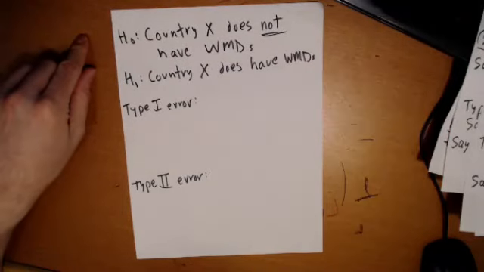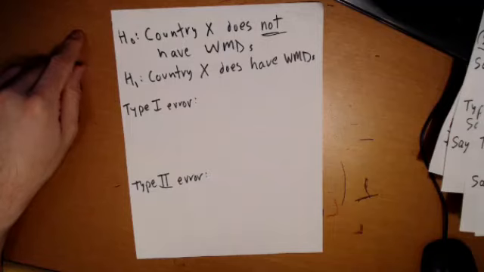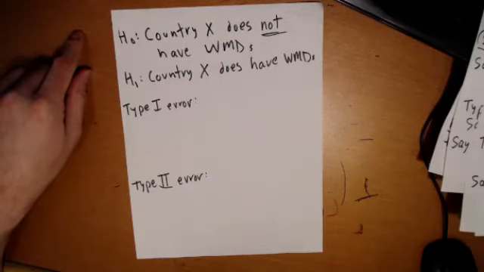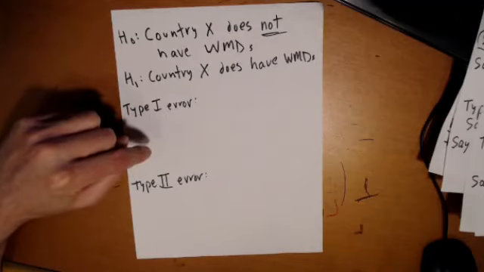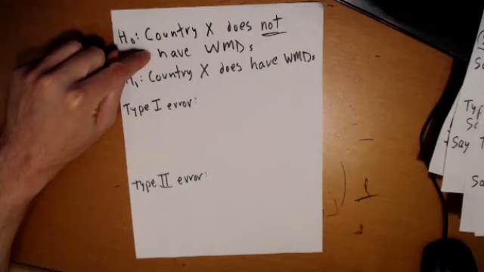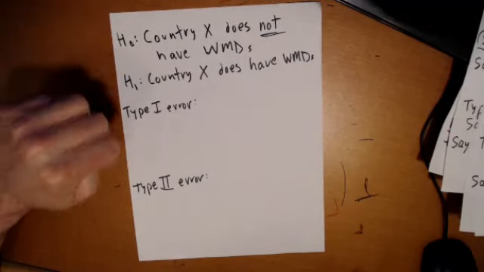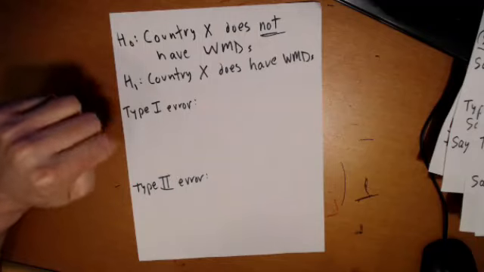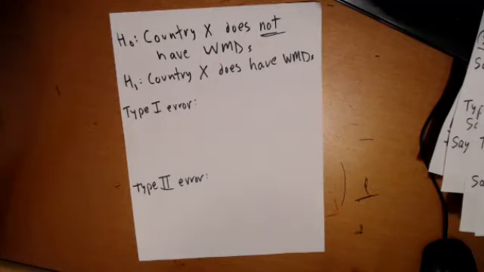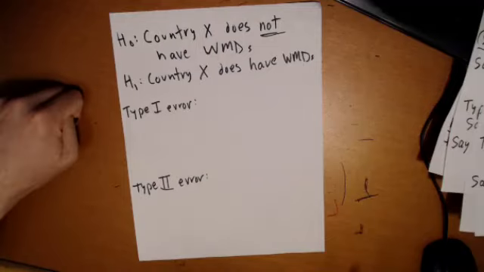Imagine you are the USA and you want to go into a country to remove WMDs. If you go there and they do not have WMDs, you made a mistake. Or on the other hand, if you don't go there and they do have them, that would be a mistake. So there's two types of errors, generally speaking, you can make in life.